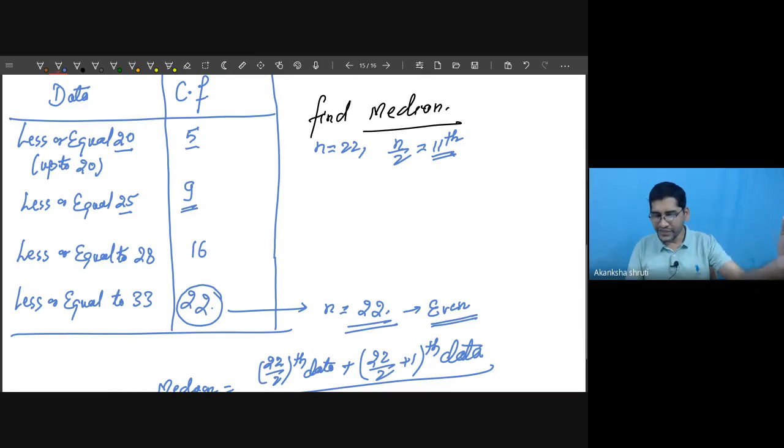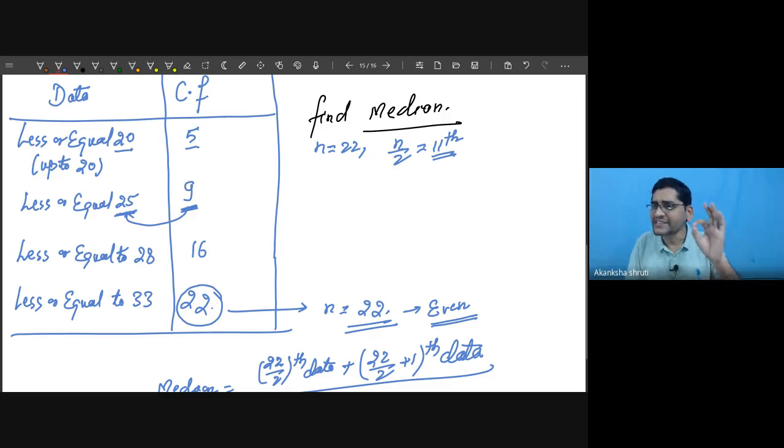From the data above 9, it will be 28, because 9 indicates the 9th data is your 25, like we have written earlier. So the 9th data is 25.